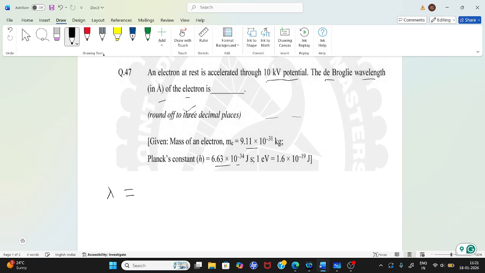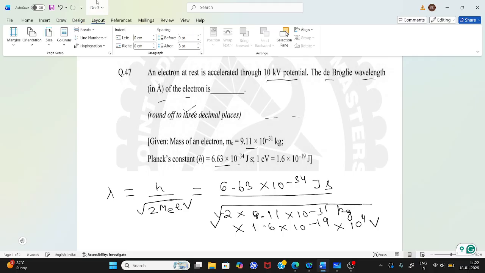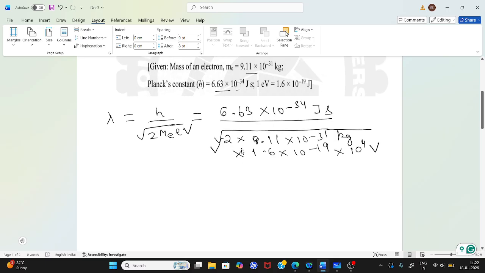Lambda is equal to h by the square root of twice m_e times eV. The value of h is 6.63 into 10 to the power minus 34 joule second, divided by twice the mass of the electron in kilograms, multiplied by the electronic charge, 1.6 into 10 to the power minus 19, multiplied by the voltage, 10 to the power 4 volts. You just need to solve this.